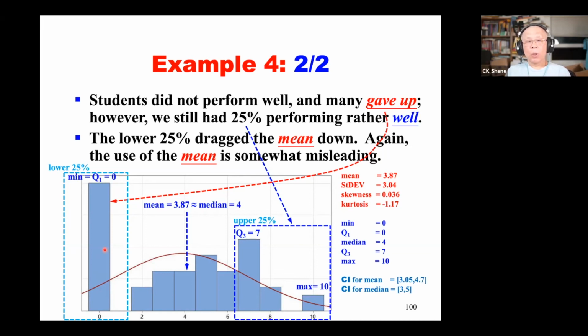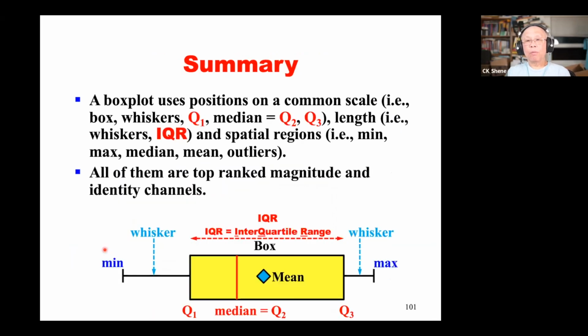So here we present you 4 examples, each of which shows some characteristic. Let's give you a summary. A box plot uses positions on a common scale. This is the scale. We put a dot here and a line here to indicate the position of that value. So the box-whiskers, Q1, median, Q3, and length, here the whiskers, and the IQR. And we also use spatial region in this box.